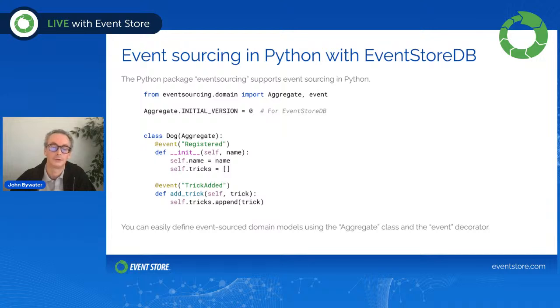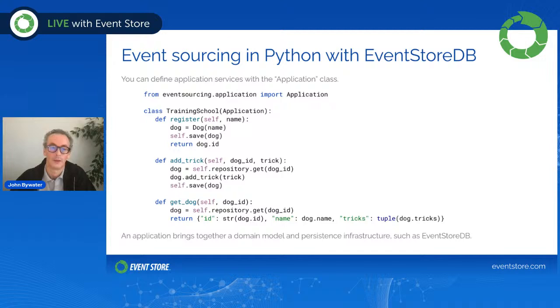The domain model just does the event triggering, and then there's an application module which brings together persistence infrastructure and the domain model. So here we can use it to define application services. For example, register, add trick, and get dog. So the register method takes a name, it constructs a dog, and then saves the dog, which puts the events in the event store.